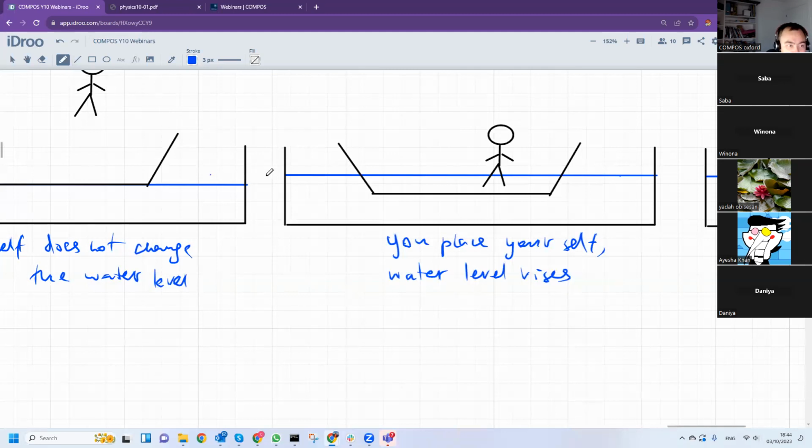And the extra water level, and that's important to understand, the change in the extra water, this bit and this bit, is equal to your weight.